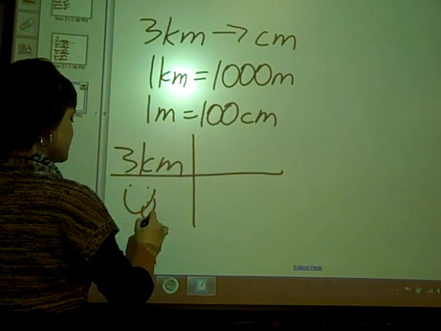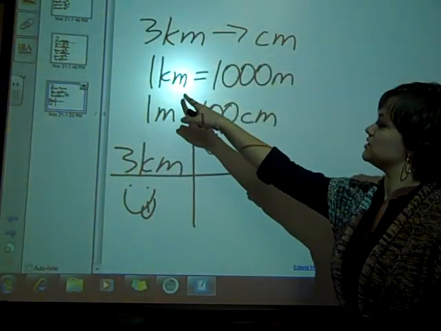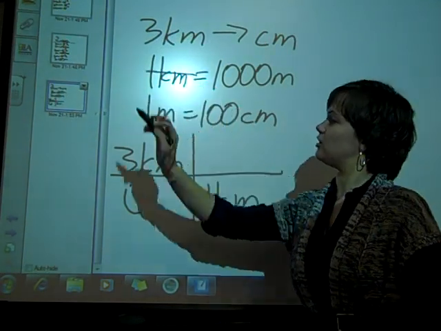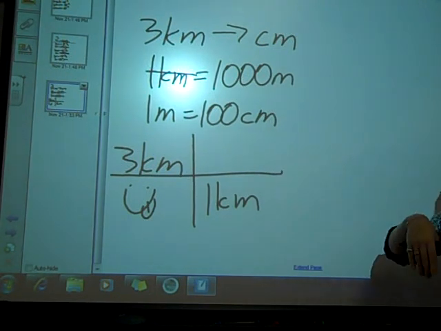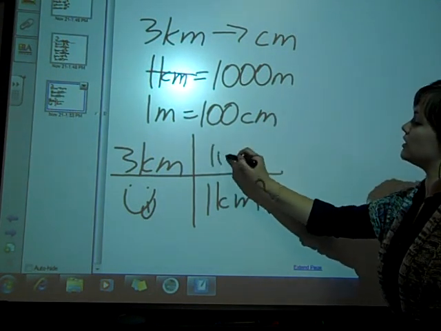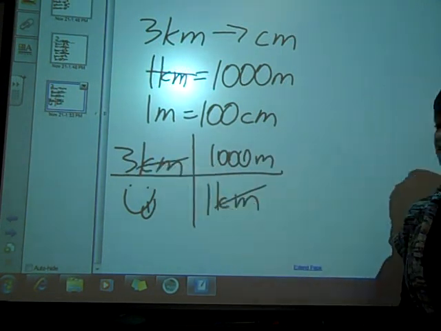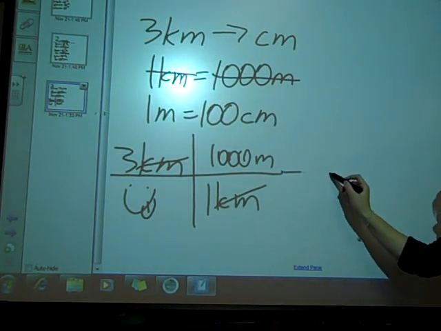This is my 1, nothing interesting goes there. I don't want kilometers, I want them to cancel out. So, kilometers on top here, they need to appear on bottom down there. Kilometers on bottom, my equivalent must be on top, 1,000 meters. Kilometers top and bottom cancel. I've used both pieces of my conversion factor.